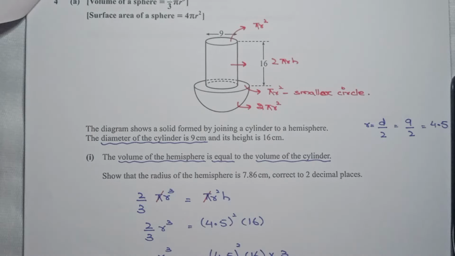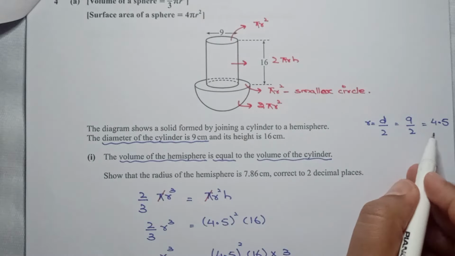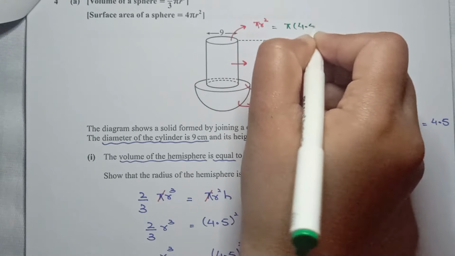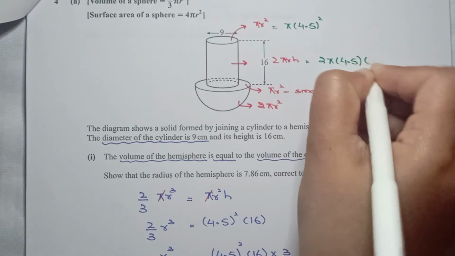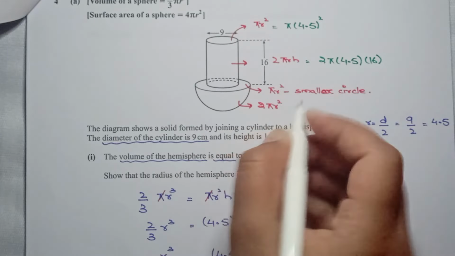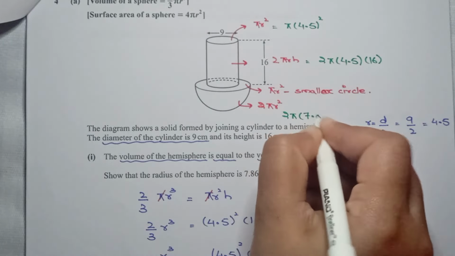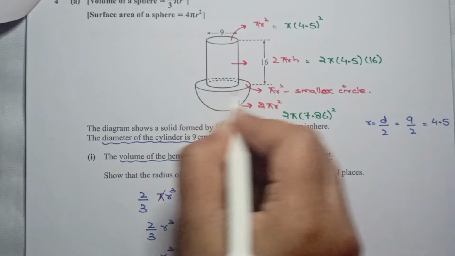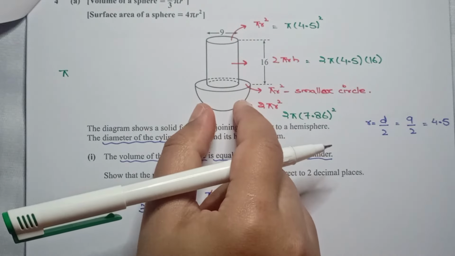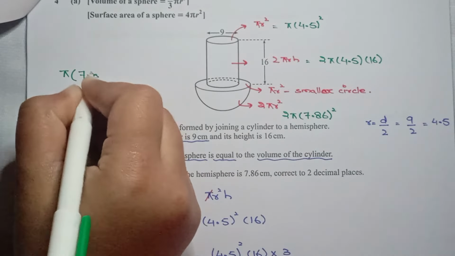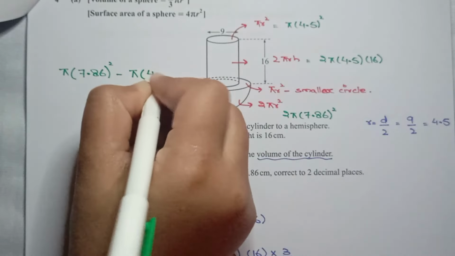Okay, so let me write it down separately. The area of this circle would be pi times 4.5 whole squared, as the radius for this is 4.5. The curved surface area of the cylinder is 2 pi times 4.5 times the height, 16. The surface area of the hemisphere is 2 pi times the radius of the hemisphere, which we just got, 7.86 squared. And this is a circle, so the area is pi, and the radius of the larger circle is basically the radius of the hemisphere, 7.86 squared, minus the area of the smaller one, pi r squared, where the smaller is 4.5 squared.